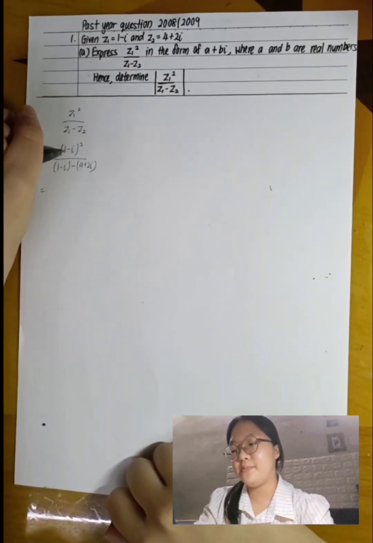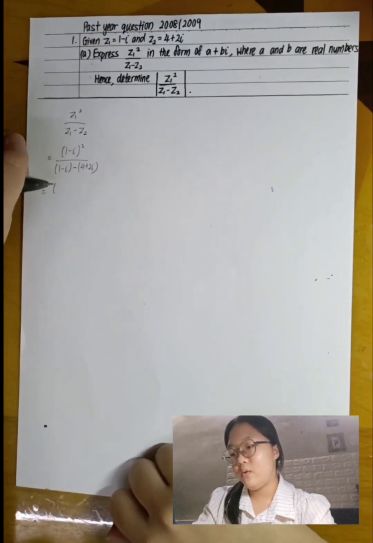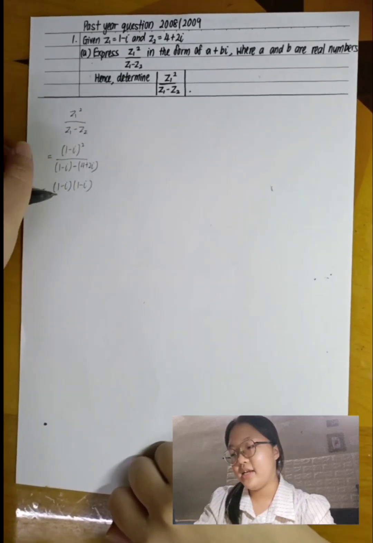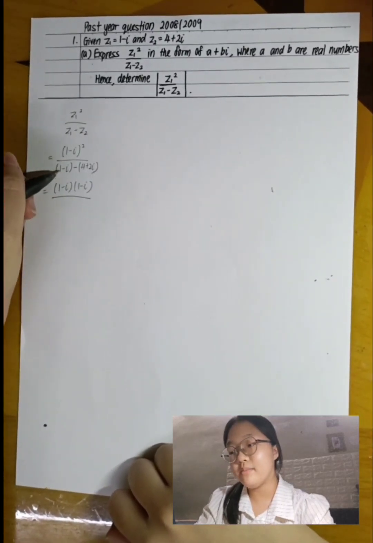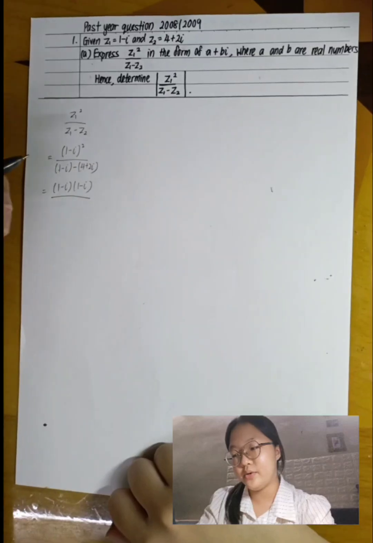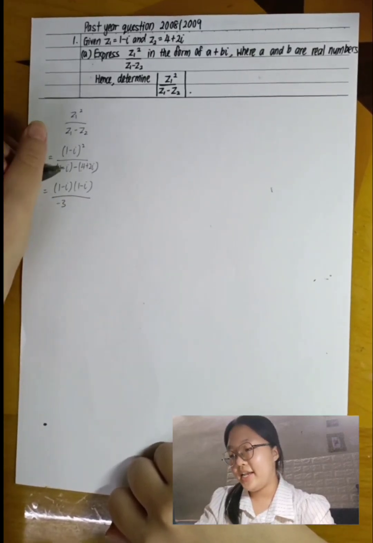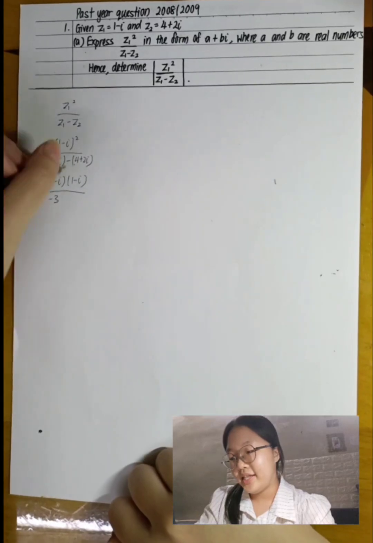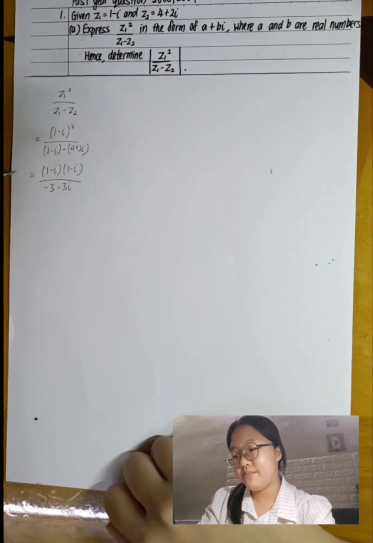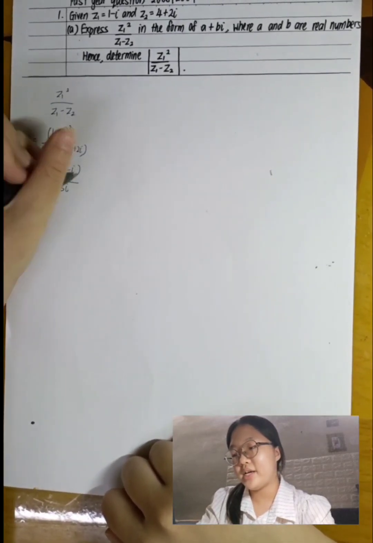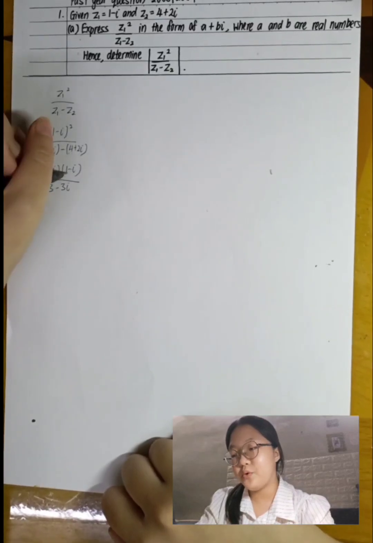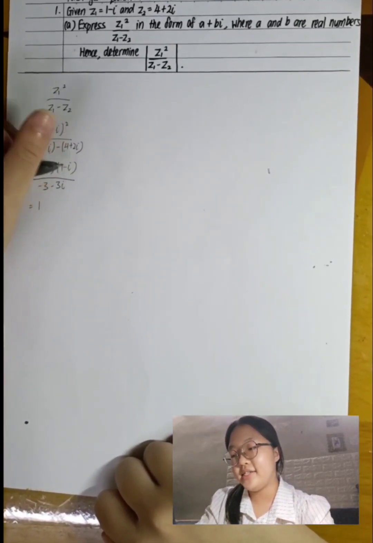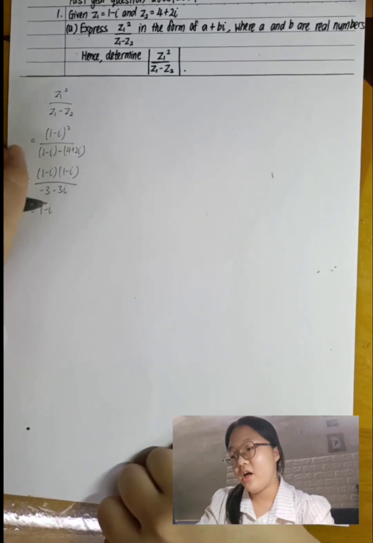So we have to expand this first. 1 minus i, 1 minus i. And 1 minus 4 is equals to negative 3. Negative i minus 2i is equals to negative 3i. And we have to expand it. 1 times 1 is equals to 1. 1 times negative i is equals to negative i.